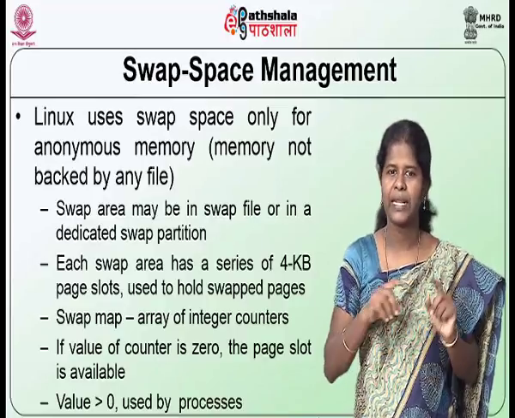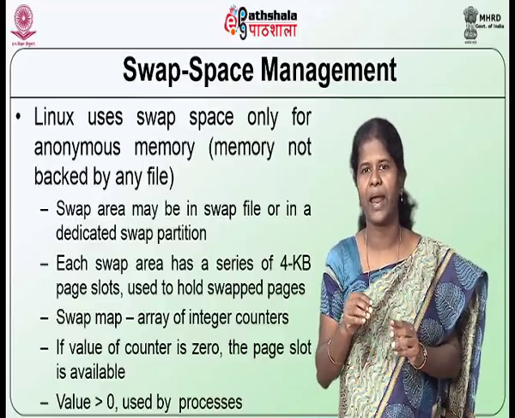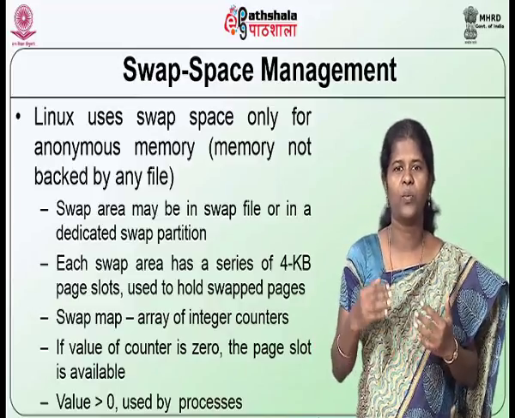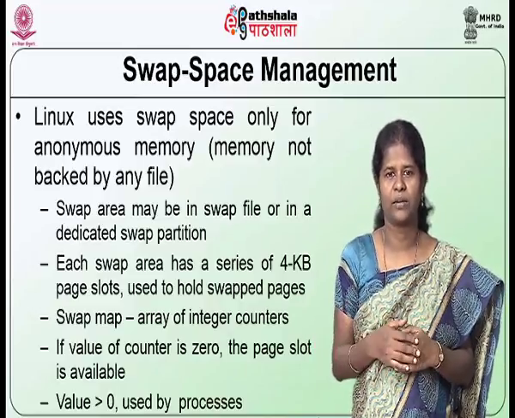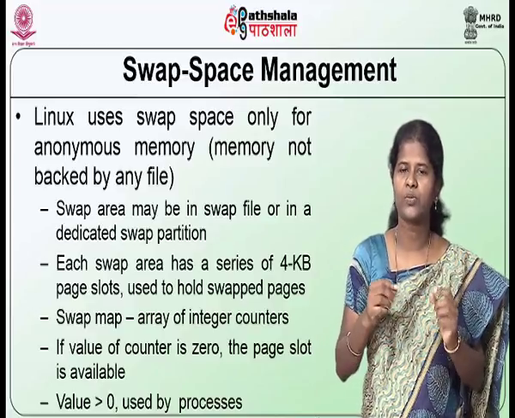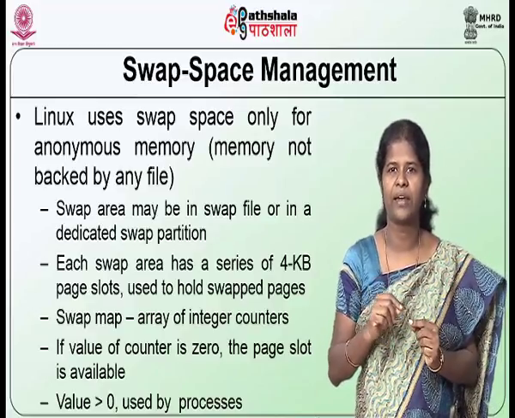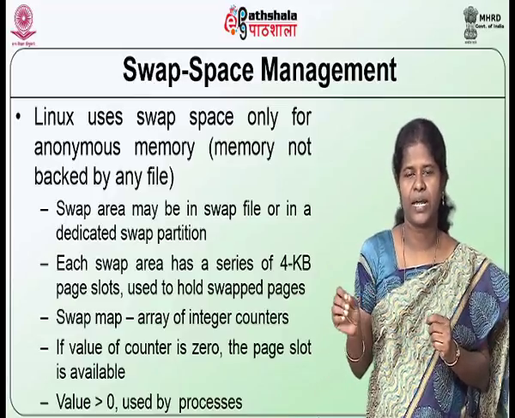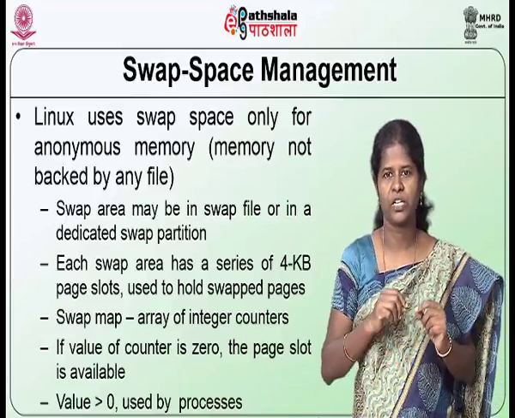And there is a swap map which will keep track of which page slots are occupied. The swap map maintains an array of integer counters which are initialized to 0.